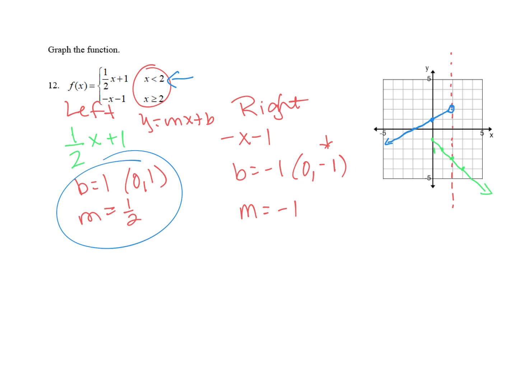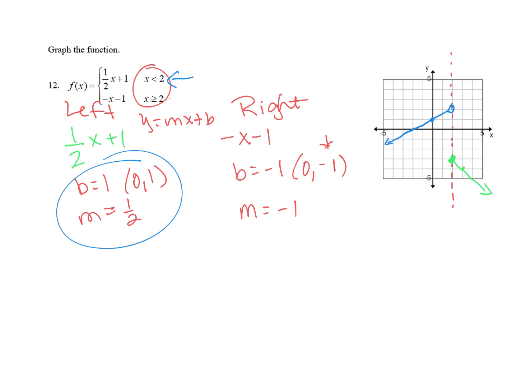But my line doesn't need to start until this point right here because it's greater than or equal to 2. So what I'm going to do is erase everything before that. So there's the graph. Now, if you don't want to do that, you could plug in 2, get my pen back.